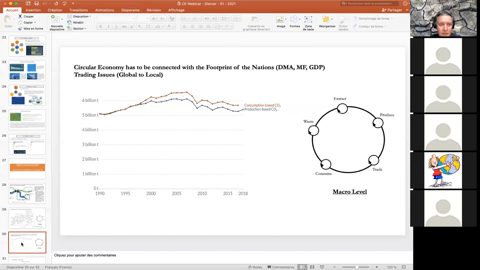And I think it's a big issue because you know that trading is one driver of economic growth. And for the moment, we didn't use this driver in indicators to have a good picture of the circular economy. I take an example. If one country or one area reduces export or maybe reduces import, it's not really good for economic growth.